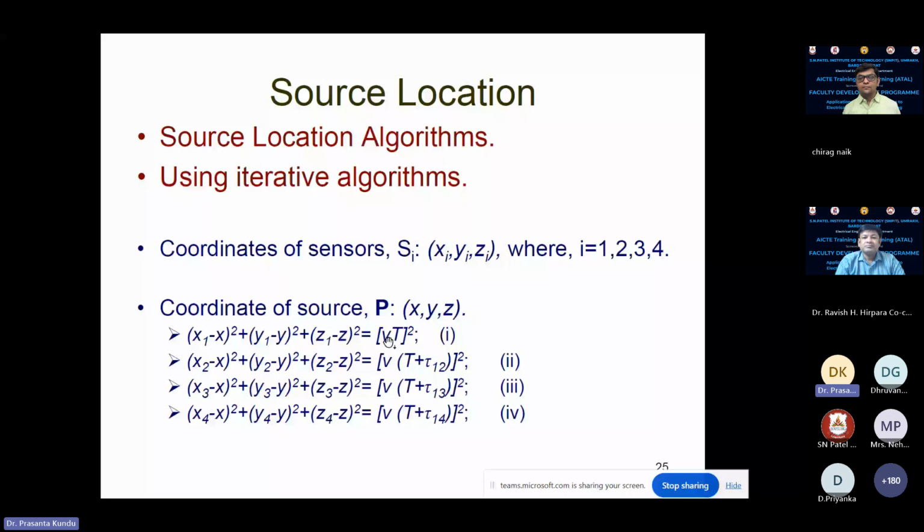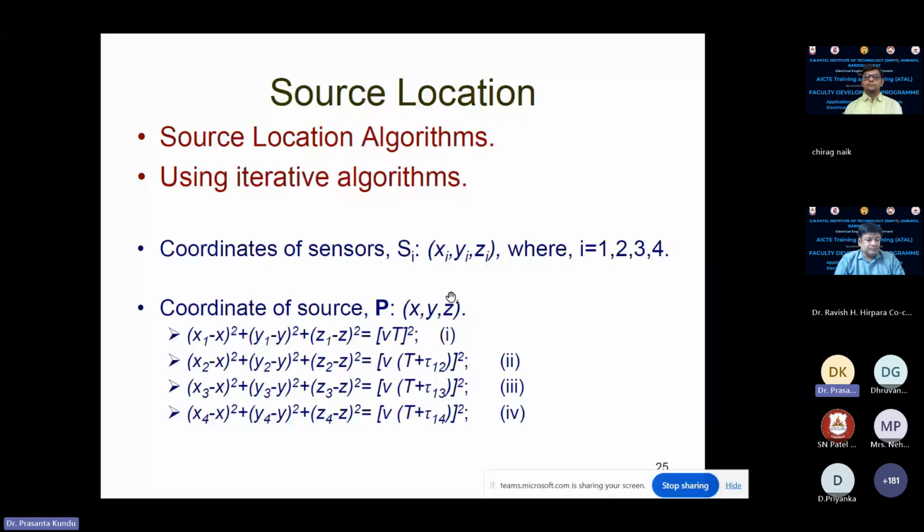And tau 12, tau 13, tau 14 are the additional times. So T plus tau 12 is the travel time from the PD source to sensor 2, and similarly from the PD source to sensor 3 and sensor 4. This is the distance squared, and by the coordinate system we can write it like this, with x1 and so on.